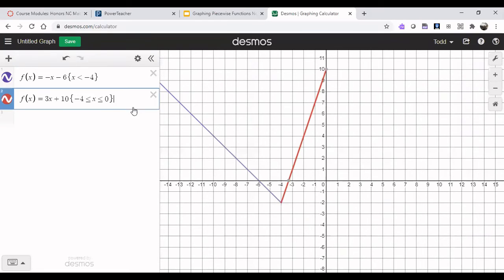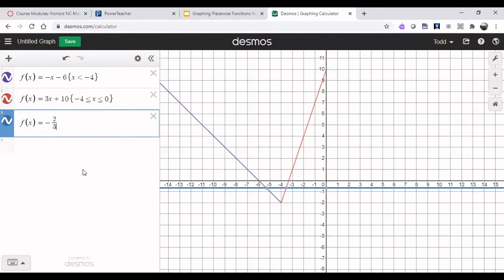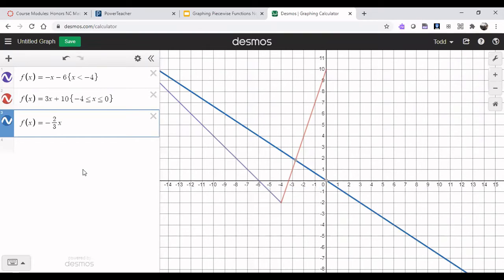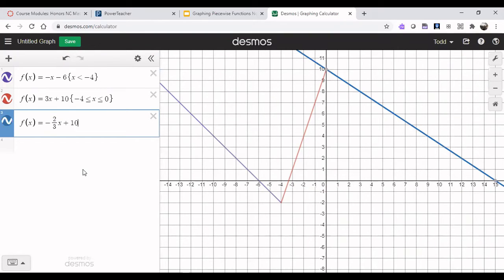So there's no reason for that open circle because it continues on. Now, just because it's continuous here doesn't mean the whole graph is continuous. We still need that third part, f of x equals -2/3 x plus 10 when x is greater than 0. And it is. So the whole thing is continuous.